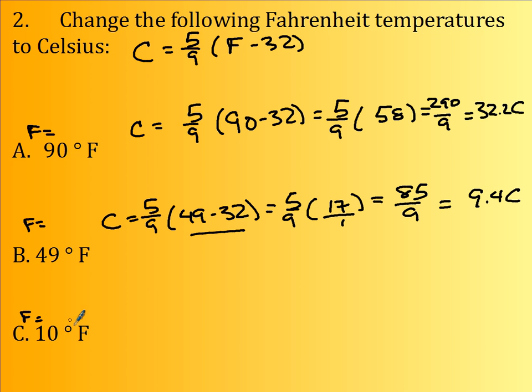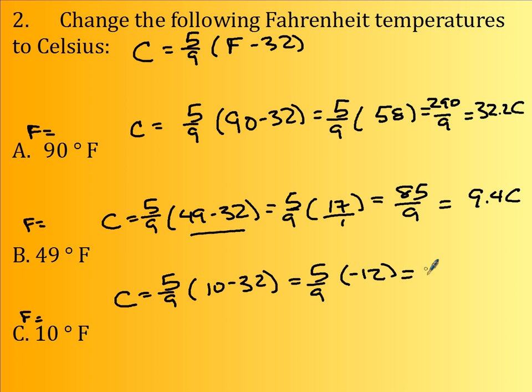Now what about 10 Fahrenheit? C is 5 divided by 9 times 10 minus 32. So 10 minus 32 is negative 12. You need to hang on to that negative sign because you're going to need it.